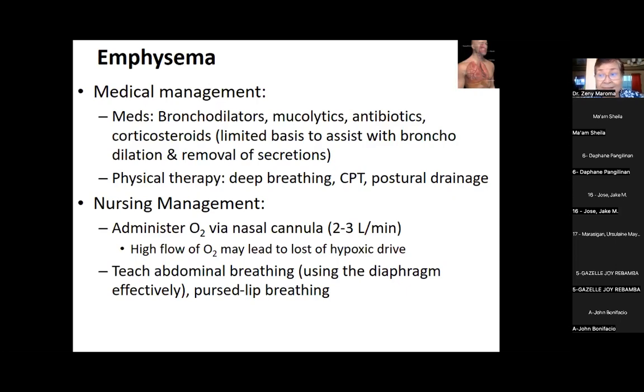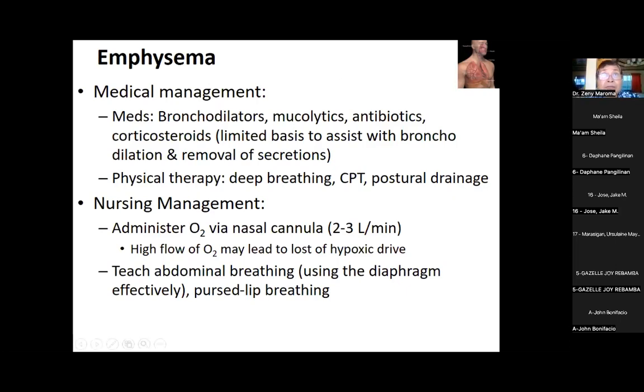Pero si patient na may emphysema, may COPD, they are used to retention of carbon dioxide. Kasi palaging mataas ang carbon dioxide. And therefore, their primary stimulus for breathing is low level of oxygen. Kaya bigyan mo lang siya ng low flow. 1, baka hindi niya maramdaman yun. 2 liters, ayun, 3 liters of oxygen so as not to lose the drive for breathing.